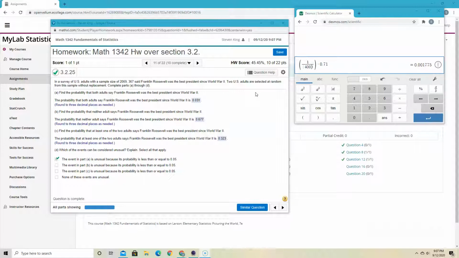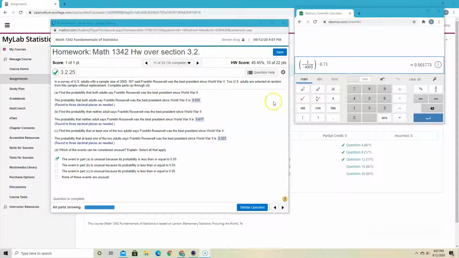Also, they're not asking us if this would happen. Most likely it would not happen. Pick one identification number, check it. Most likely it won't be a person who stated FDR was the best president, because not that many people did. Only 367 out of 2,069. And then a second person also randomly picked who said, again, FDR was the best president since World War II.